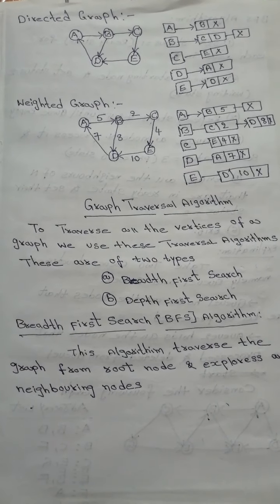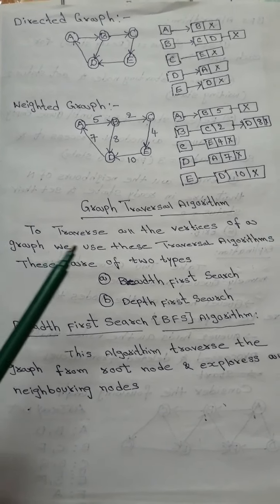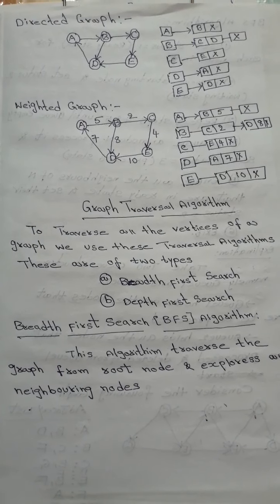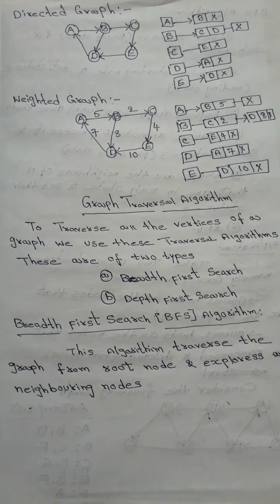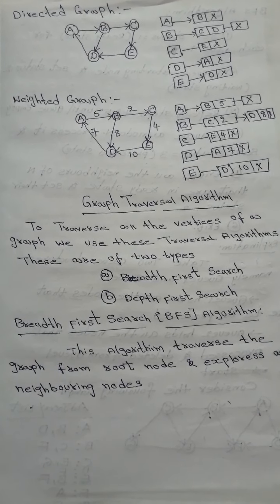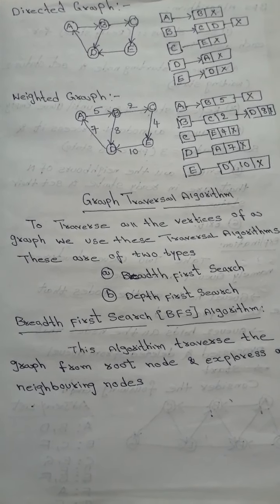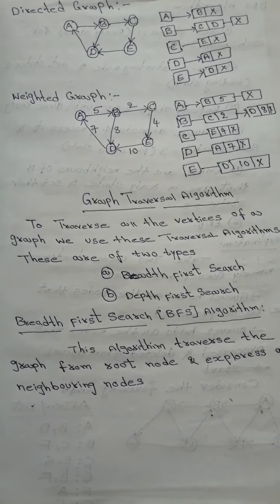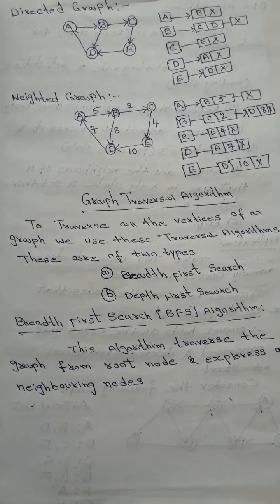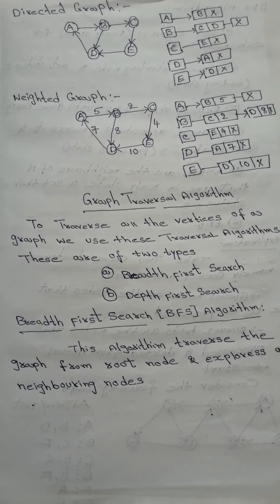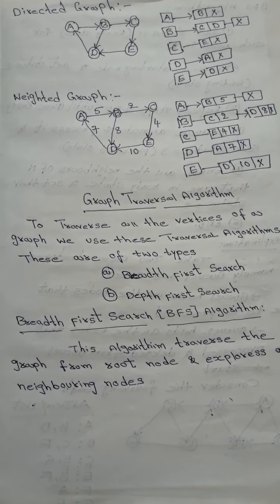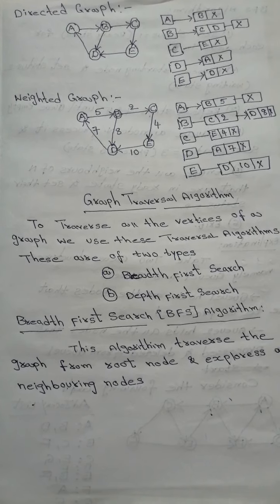That is traversing. Graph operations mean traversal operations, which represent the minimum path to travel from one vertex to another vertex. In order to find that minimum path, we are having two graph traversal algorithms, that is BFS algorithm and DFS algorithm.